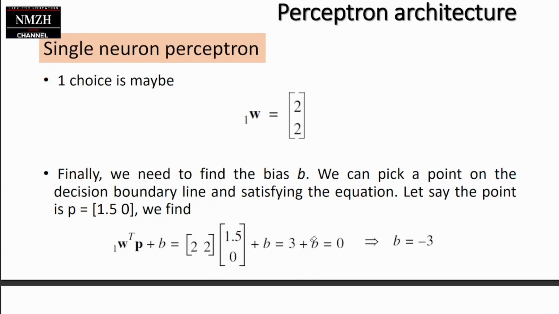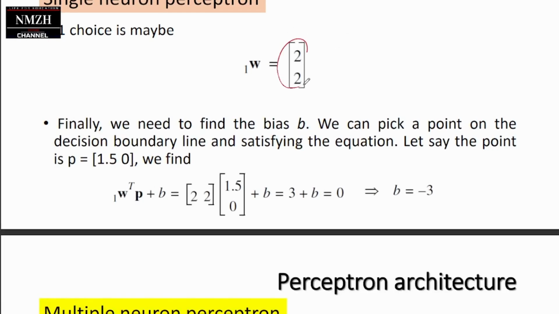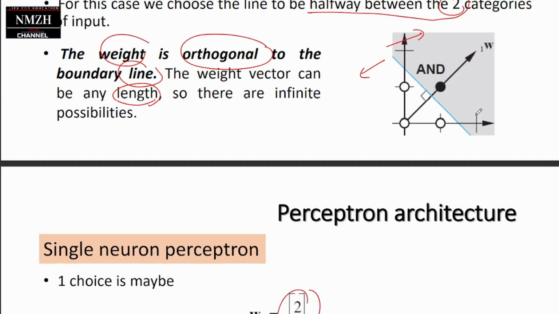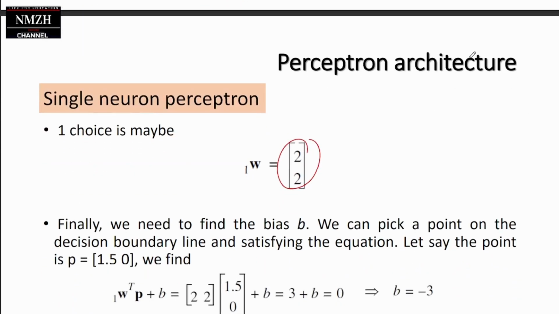Okay, so the first choice is basically to choose this line just now to be [2 2]. So meaning the [2 2] is here and here, right? Okay, so that would be the weight. So finally we need to find the bias, because this is one example.